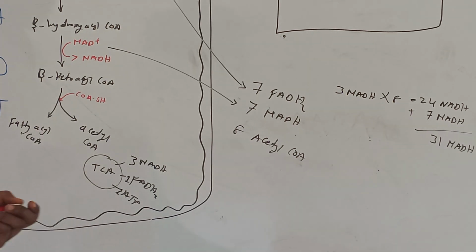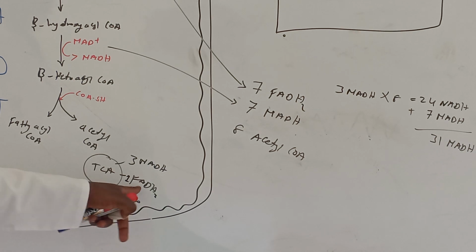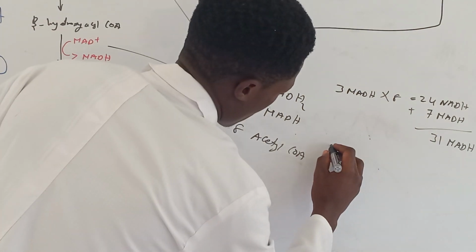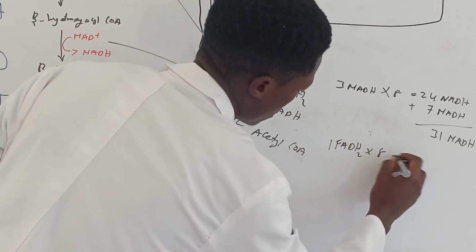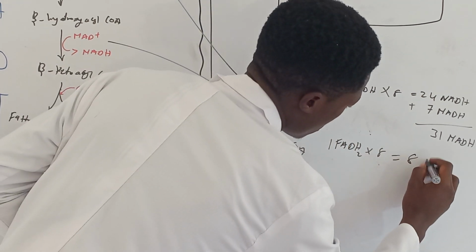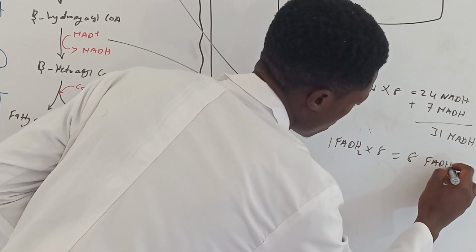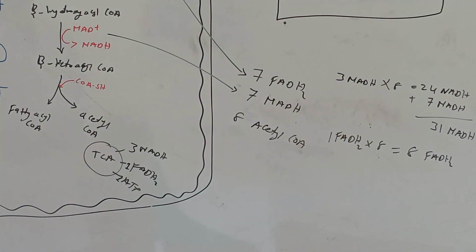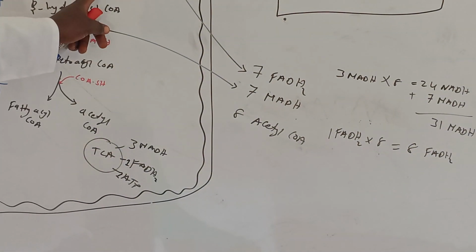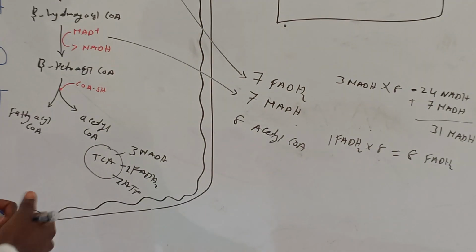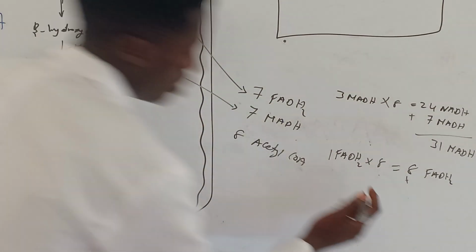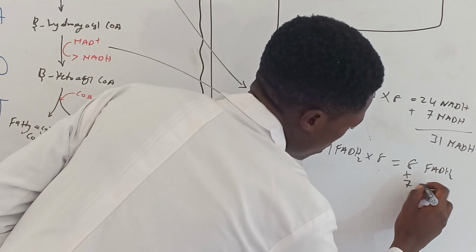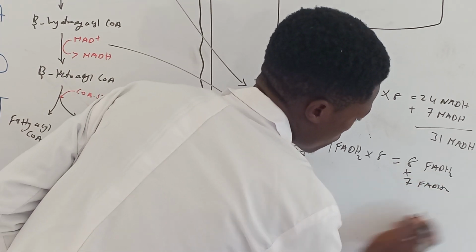Alright, that's cool. Now, we formed 1 FADH2 from 1 round of the TCA, the Krebs cycle, but now we have 8 acetyl CoA. So we are going to have 8 times 1 FADH2, that's going to be 8 FADH2. Alright, but remember we also have the FADH2 from the beta oxidation. So we are going to add 7 FADH2.